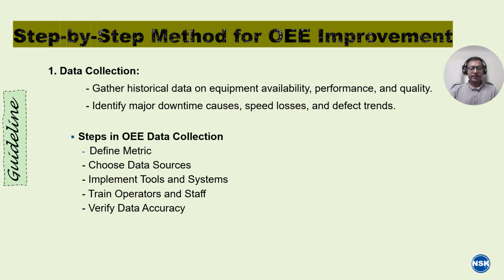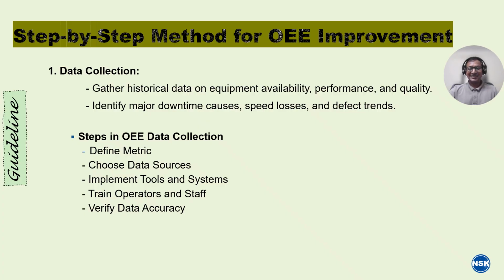Steps in OEE data collection. First one is define metrics: clearly identify the specific data points required for availability, performance, and quality calculations. Example: line downtime, breaks, stop losses, speed losses, rejections, reworks, available production time, net operating time, idle cycle time, etc. Second, choose data source: identify where and how data will be collected.